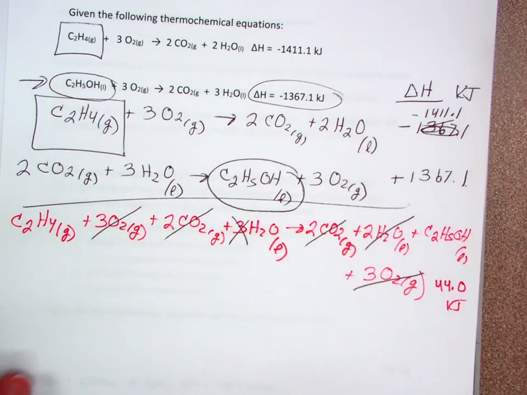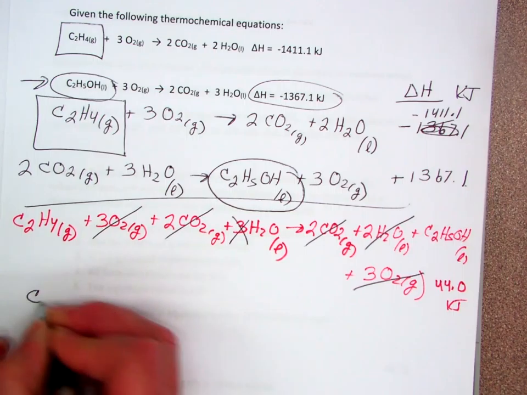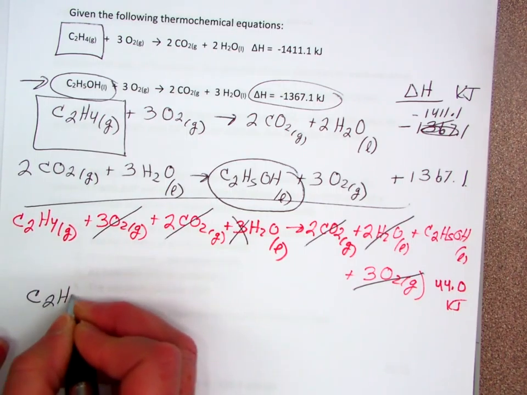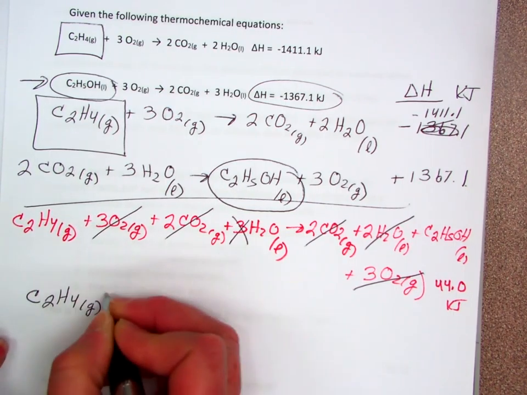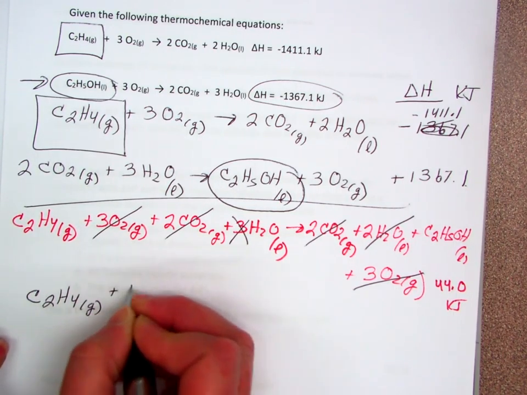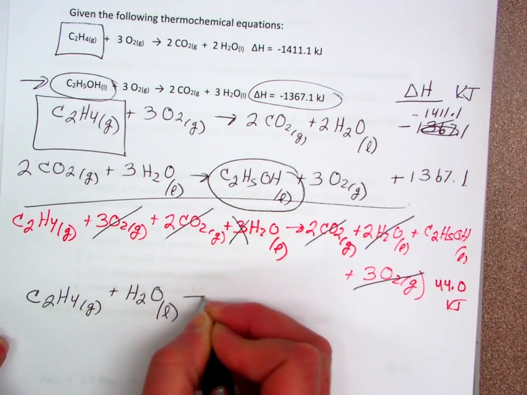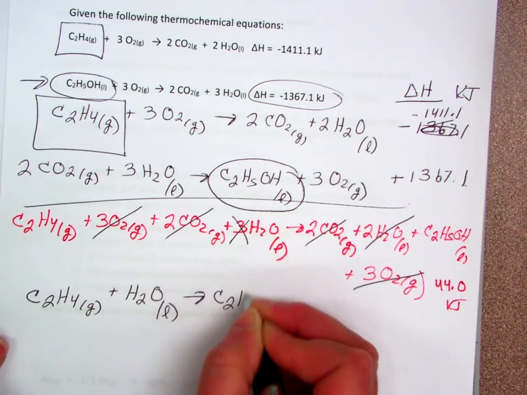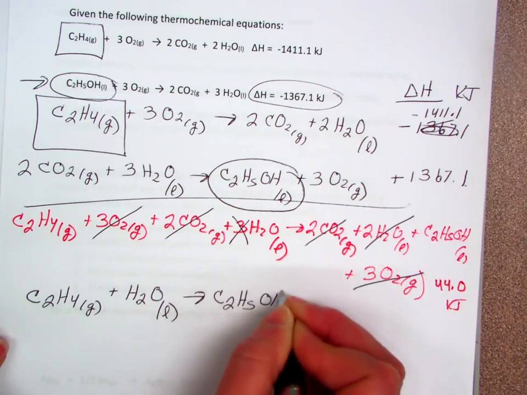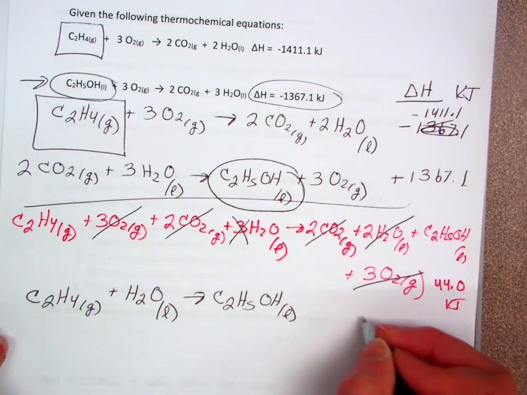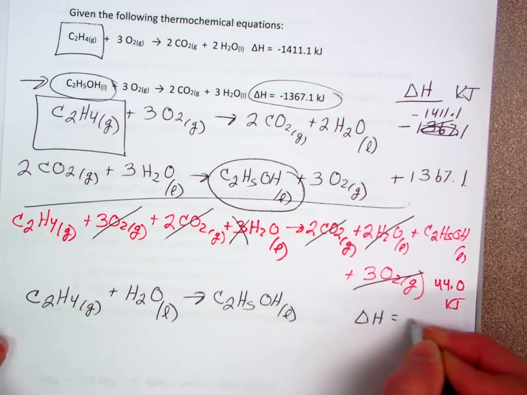And I have ethanol on the right. So I'm left with ethene gas plus 1 water liquid yields ethanol, and delta H is 44.0 kilojoules.